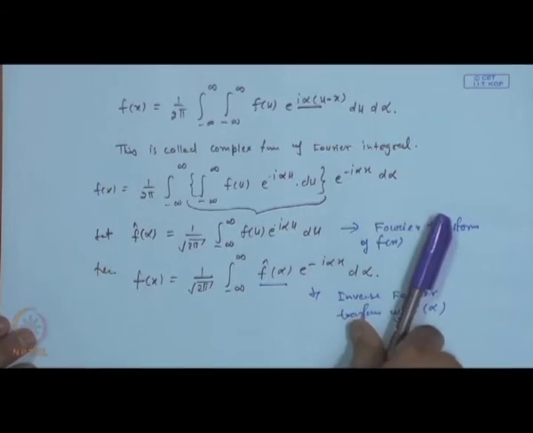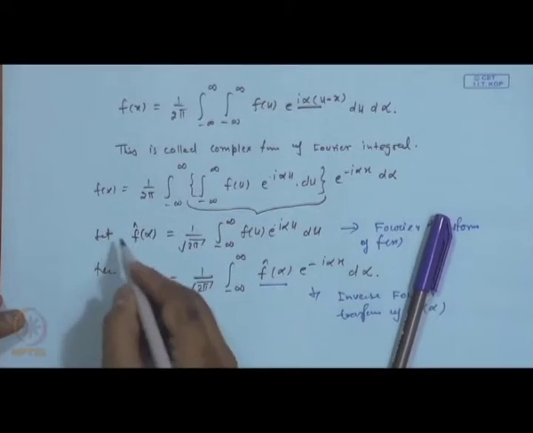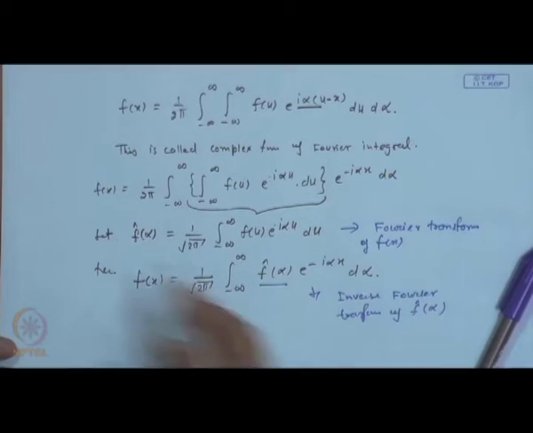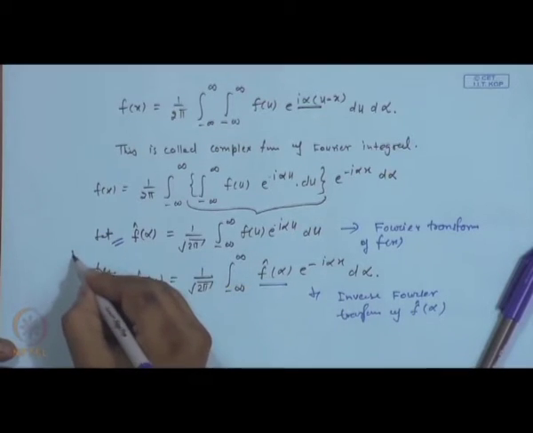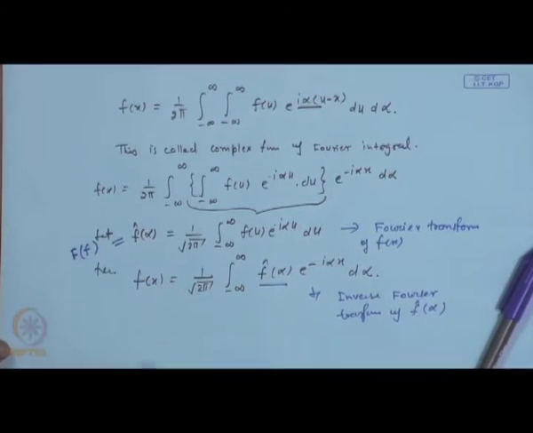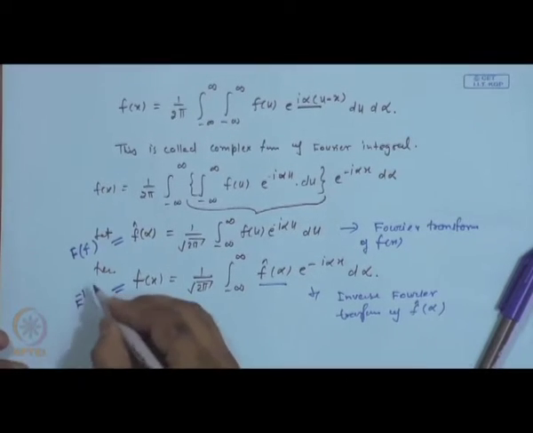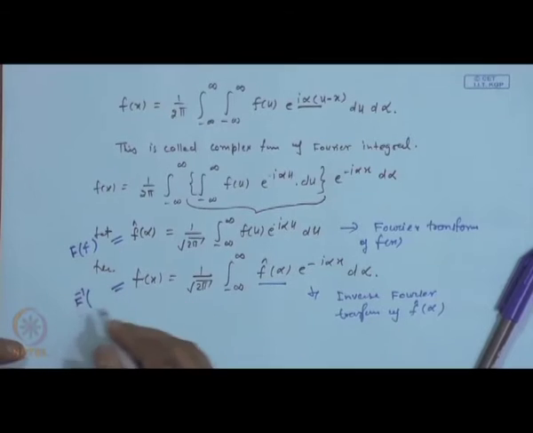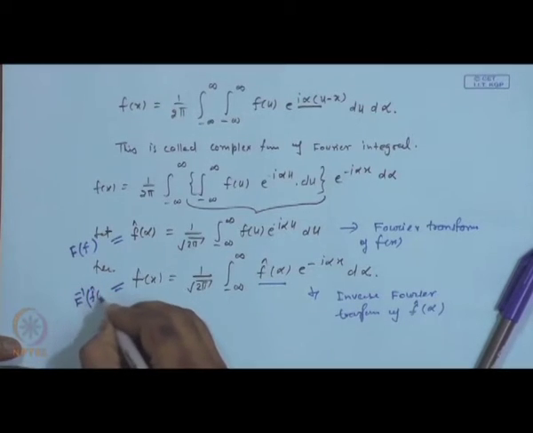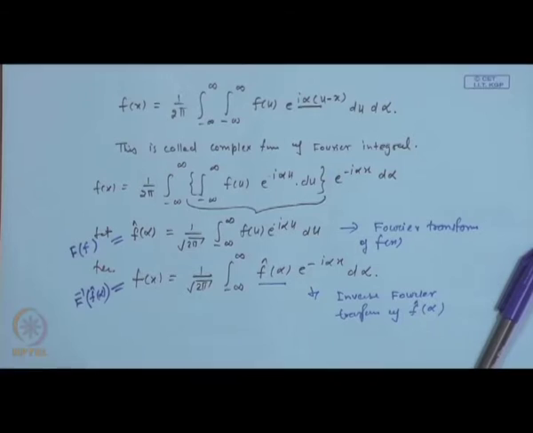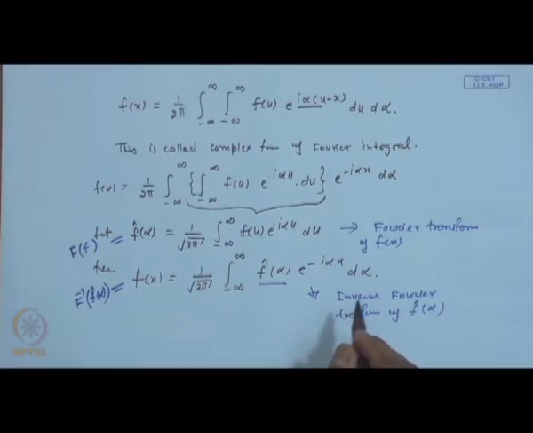What we also denote here, as in the case of the sine and cosine transform, is that we call this the Fourier of f with a big F, and in this case we say Fourier inverse of f hat(alpha). So, that is the notation we will be using for the Fourier and inverse Fourier transform.